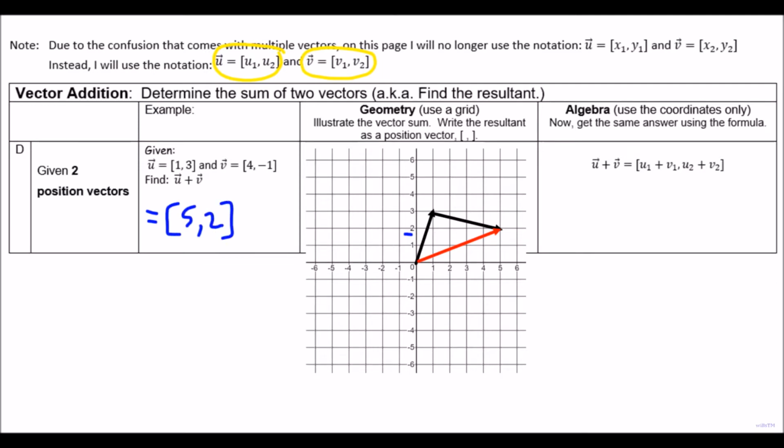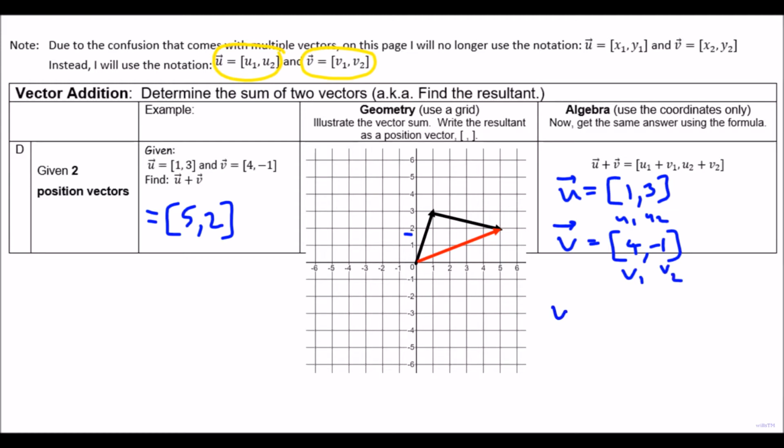Now, how do we do this algebraically? To do this algebraically, what we do is we label our points. So again, I had this one, I had u. So I know u is equal to 1, 3, so this would be u1, this is u2, and I know v is equal to 4, negative 1, so this is v1, v2.